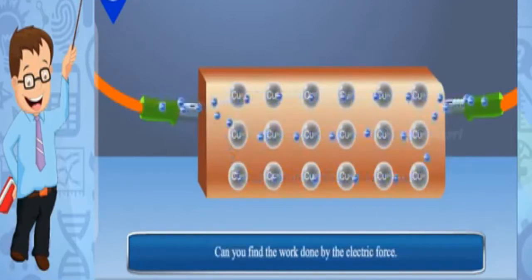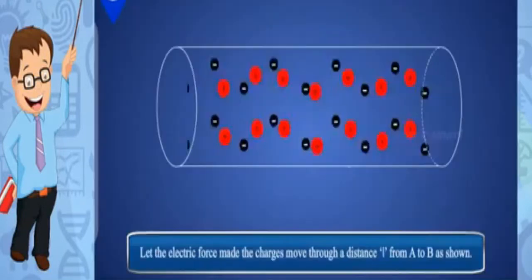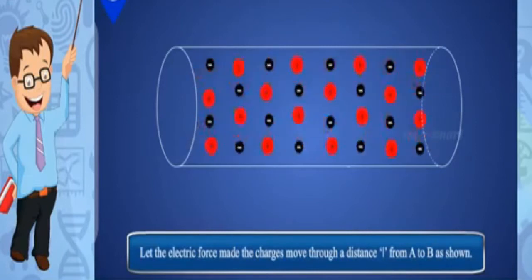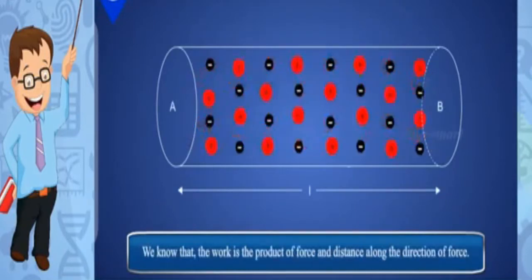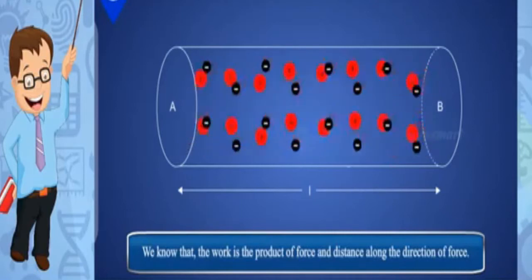Can you find the work done by the electric force? Let the electric force make the charges move through a distance L from A to B as shown in the figure. We know that work is the product of force and distance along the direction of force.